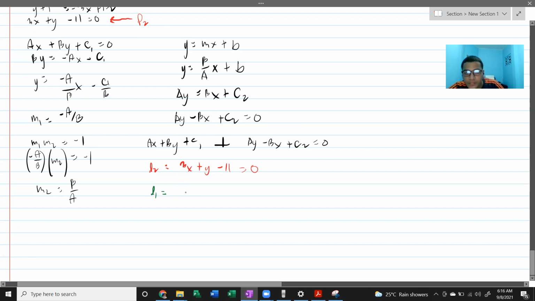So our line 1, the equation of our line, must be y minus 3x plus a certain constant c.